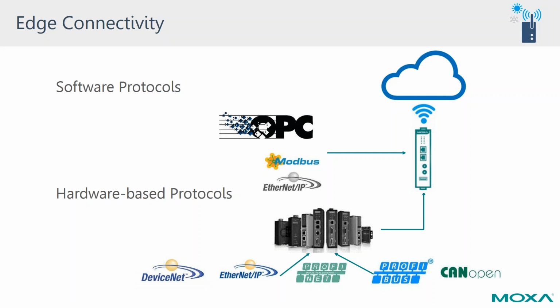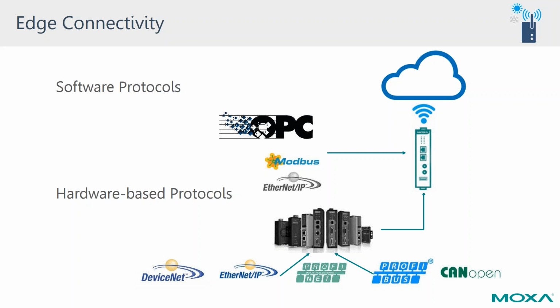So the first question concern is around edge connectivity. This is an area that Moxa, quite frankly, has built over 3 decades of experience in what we historically would call protocol conversion. Now a lot of what was done in a single appliance as a protocol converter is transitioning into being done in software. Some of this can be done in software, but some of this is still hardware-based protocol conversion.